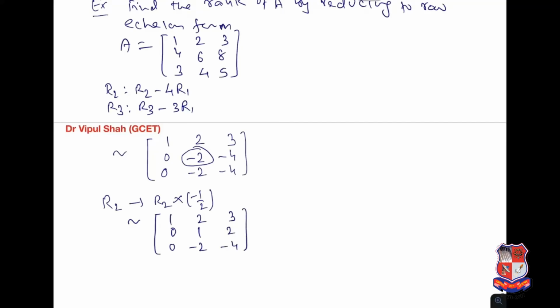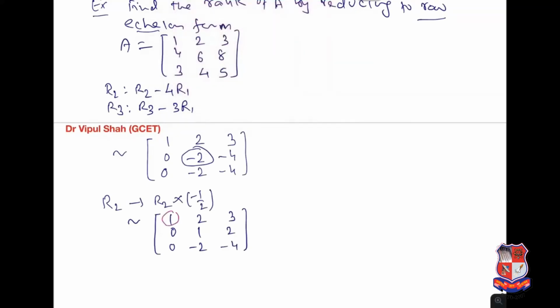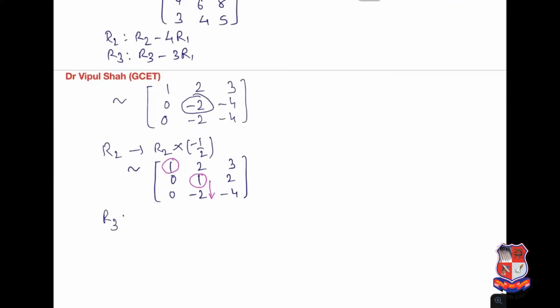Now here we want only row echelon form, so the entry below the leading one should be 0. Here we have the leading one, entry 0. Let us make this entry 0. So in R3, let us write R3 plus 2 times R2.